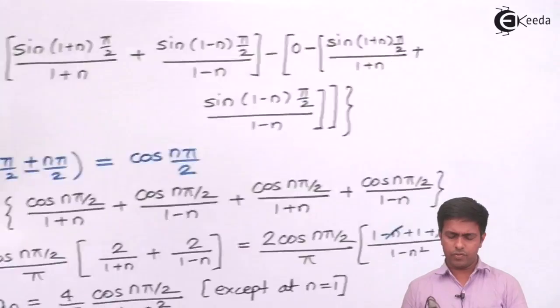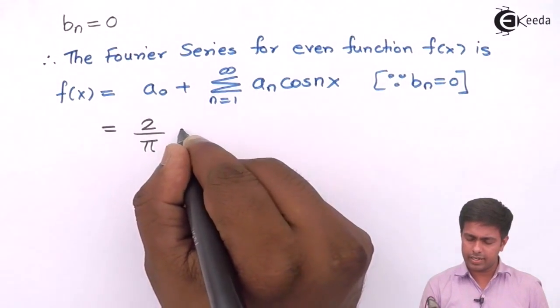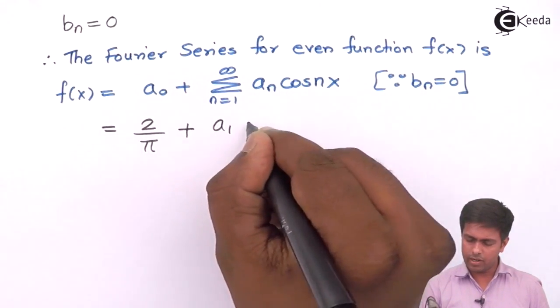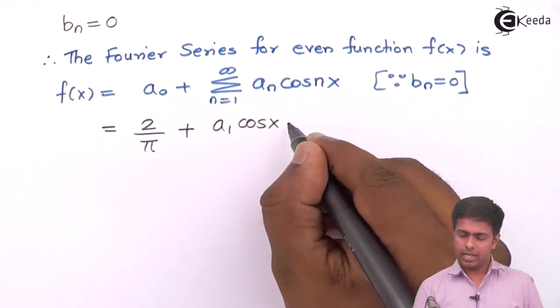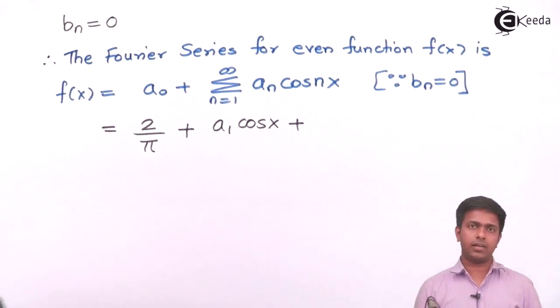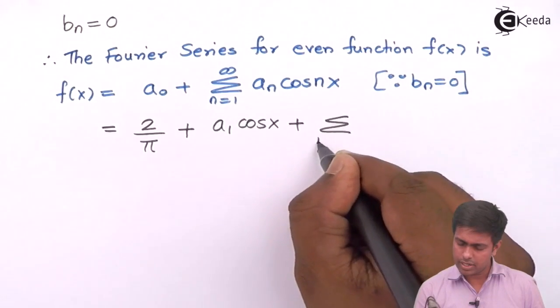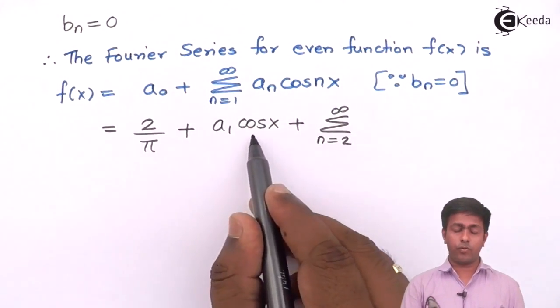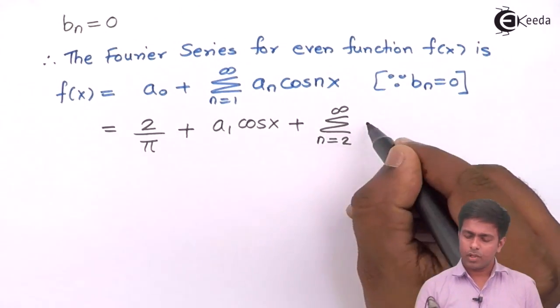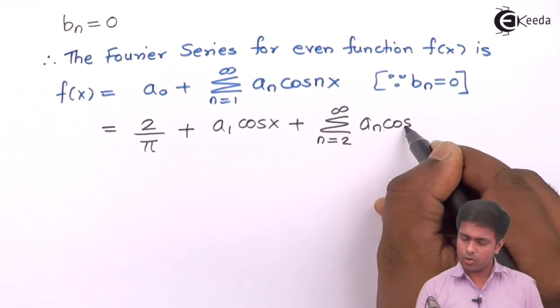So what we'll do is we will divide this range into two parts, that is plus a1 cos x by putting n equal to 1, and that value of an is acceptable for all other values of n, hence we'll write summation n from 2 to infinity. I have separated the first value because for the first value it was giving infinity. So an cos of nx.